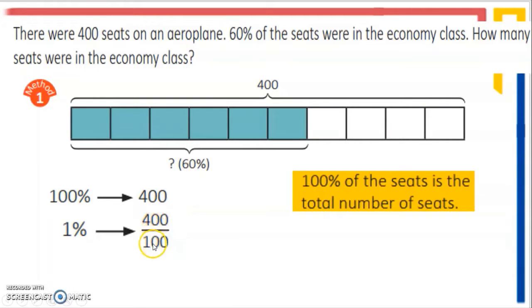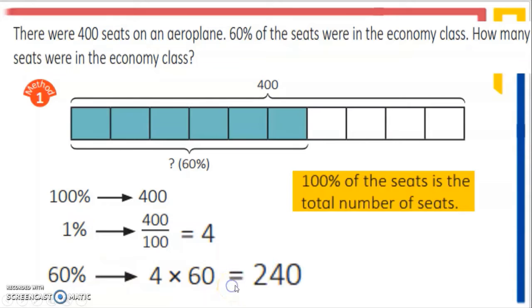So 400 divided by 100 is equal to 4. 1% is equal to 4. How to find 60%? Very good. We're going to multiply 4 times the 60. So 4 times 60 is equal to 240 seats.